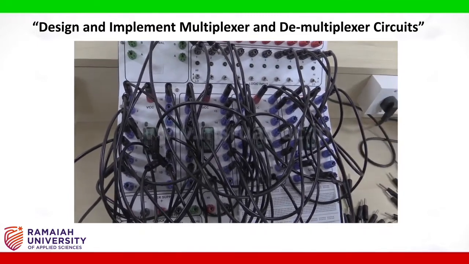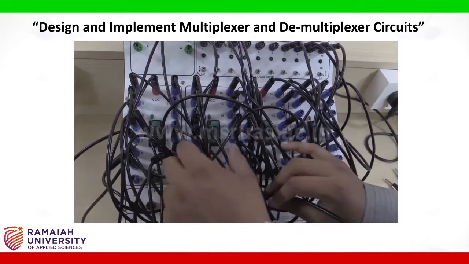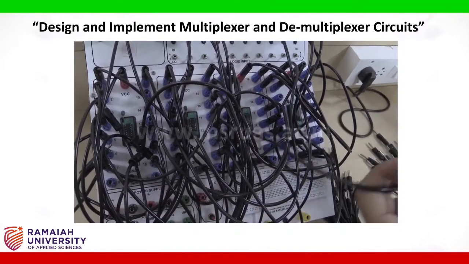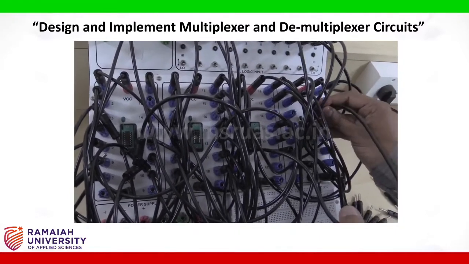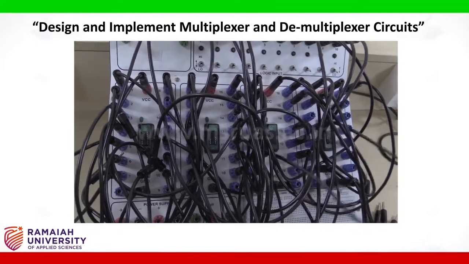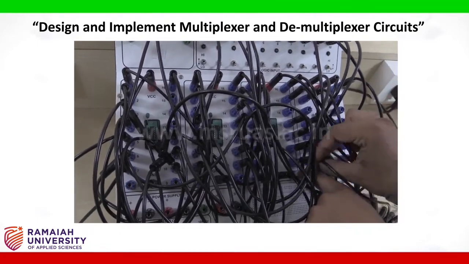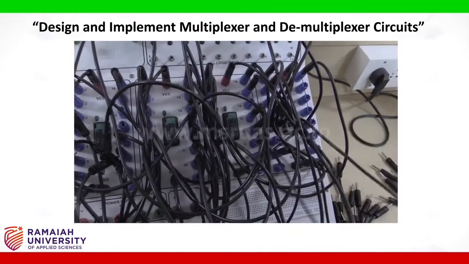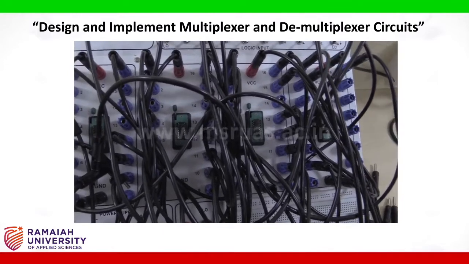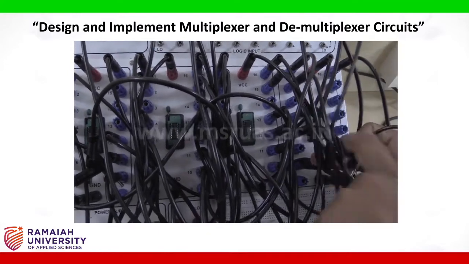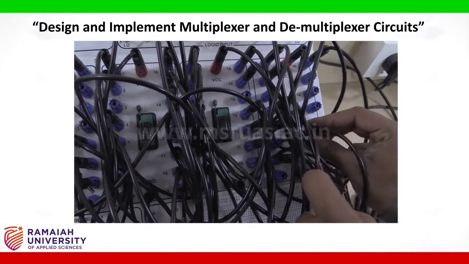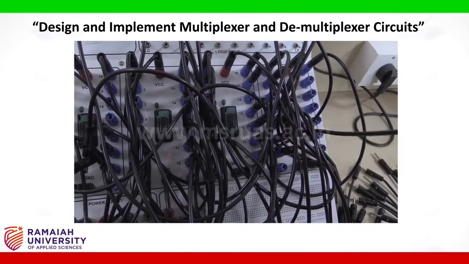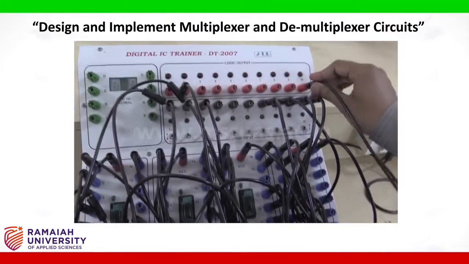Pin number 6 of third IC base is connected to pin number 4 of 4th IC base. Pin number 8 of third IC base is connected to pin number 5 of 4th IC base, and pin number 6 of 4th IC base is connected as output. So I am taking pin number 6 of the 4th IC base and I am connecting as a output.